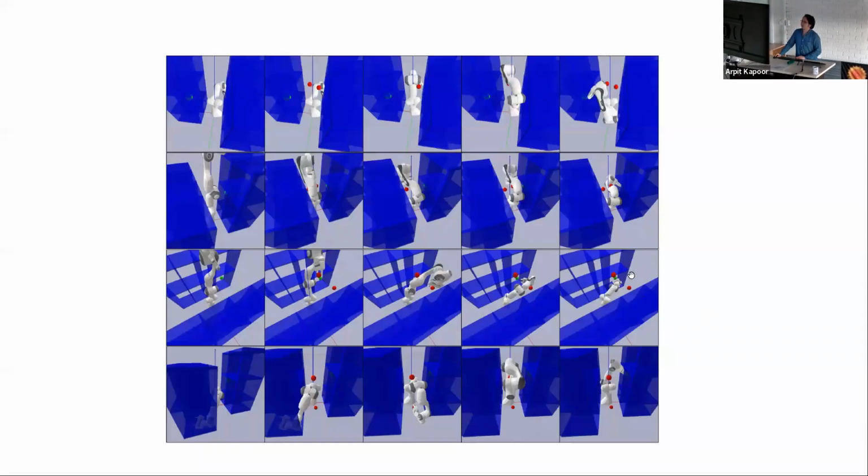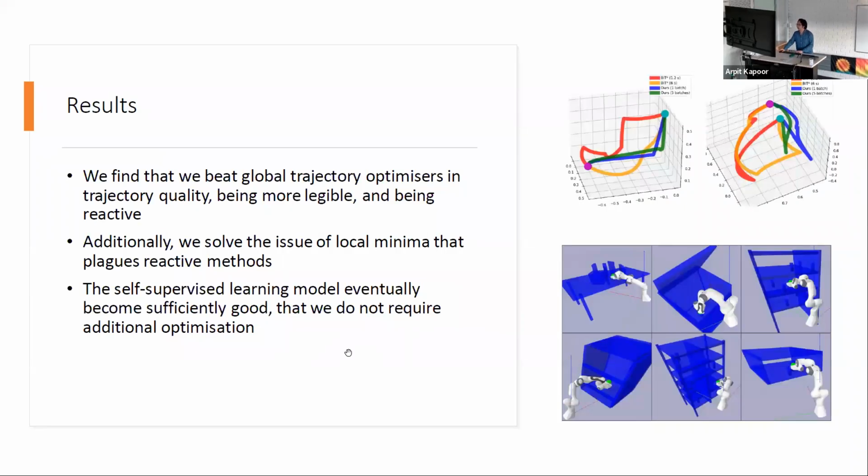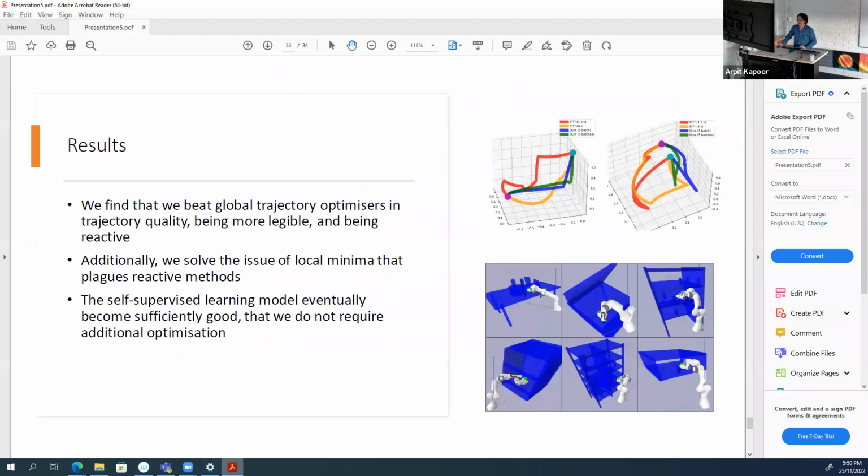So here are some of the tougher environments to solve. I guess we're out of time. But basically, this is just saying that we can be reactive, our trajectories are good, and also we can avoid local minima. So here are some more videos.